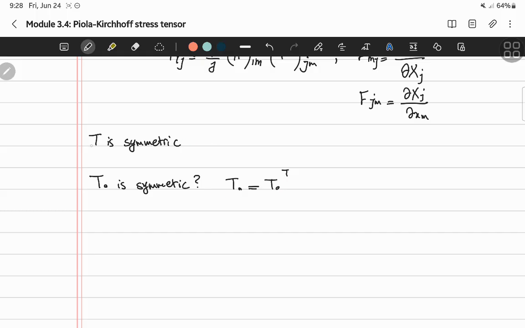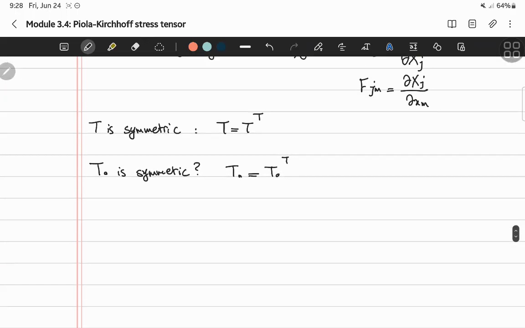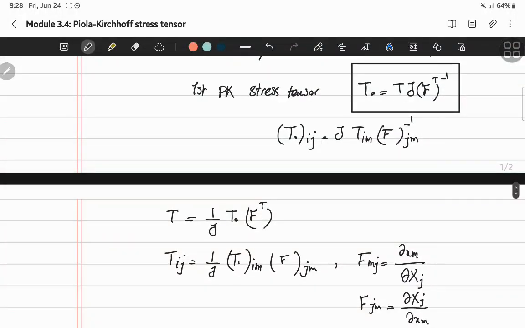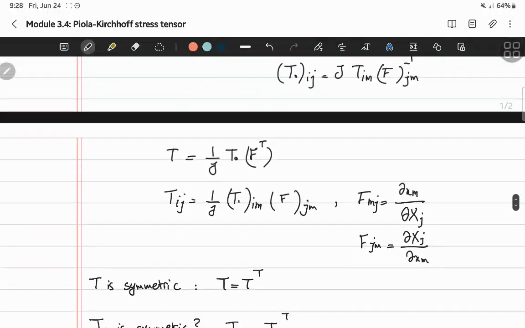We already know that Cauchy stress tensor is symmetric, so it means that T is equal to T transpose. So let me write this T0. So T J F transpose. So we have T J F transpose inverse.